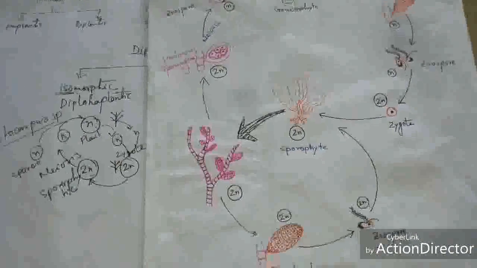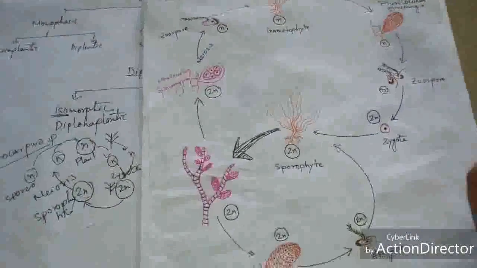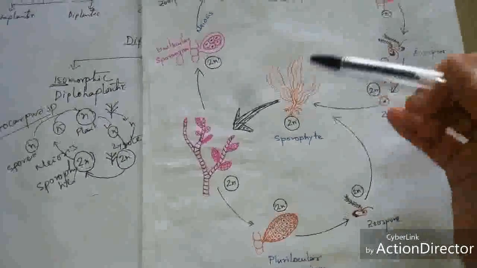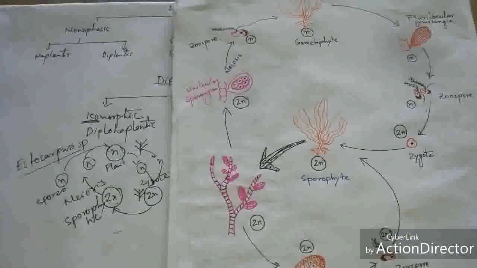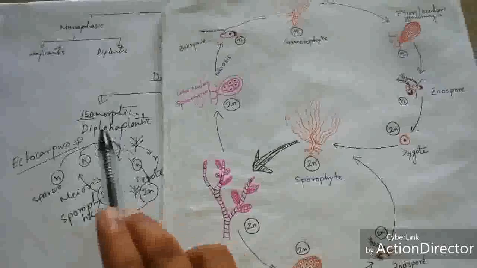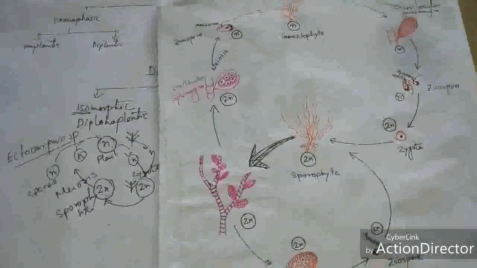So here the gametophytic plant is haploid and the sporophytic plant is diploid, but both are morphologically similar. So this is the example of the isomorphic diplohaplontic life cycle.